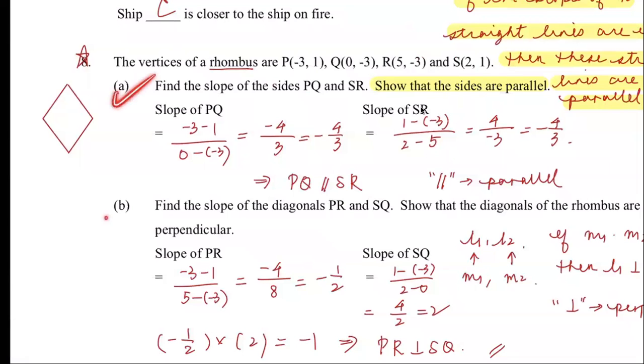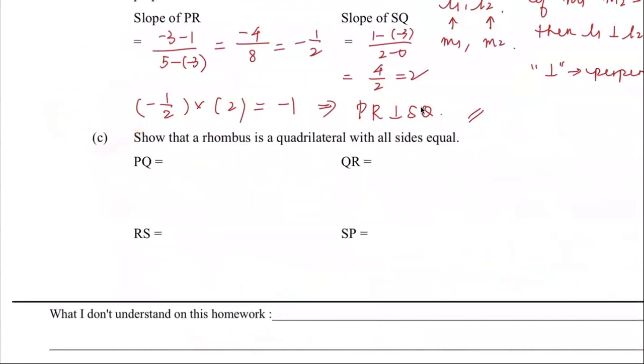So for part A and part B, we had to use the slope formula to find all the slopes, where for part C, we need to use the distance formula to find the distance for these two line segments. Okay, I'm going to do 2 of the 4, okay, because we've done a lot of similar questions, okay?